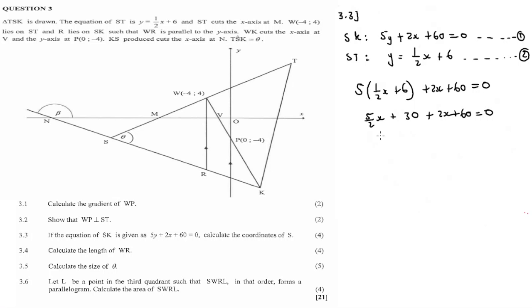Multiply by 2 throughout, 2 being the LCD, to remove the fraction. So 2 cancels 2, leaving 5x plus 2 times 30, which is 60, plus 2 times 2, which is 4x, plus 2 times 6, which is 120, equal to 0.